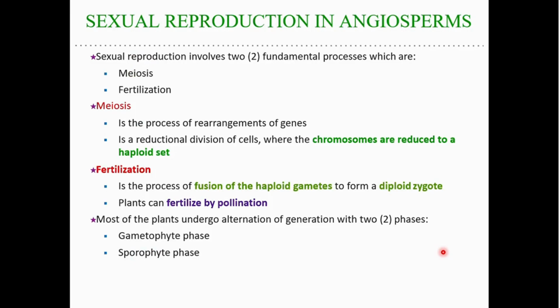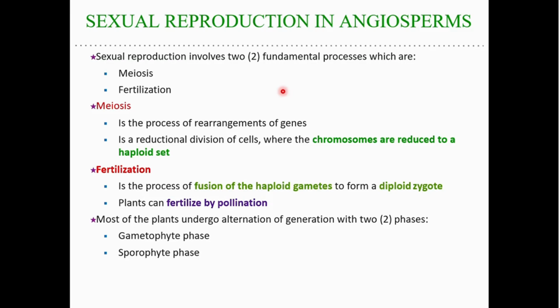Sexual reproduction in angiosperms involves two fundamental processes, which are meiosis and fertilization. Meiosis is the process of rearrangement of genes. It is a reductional division of the cell.